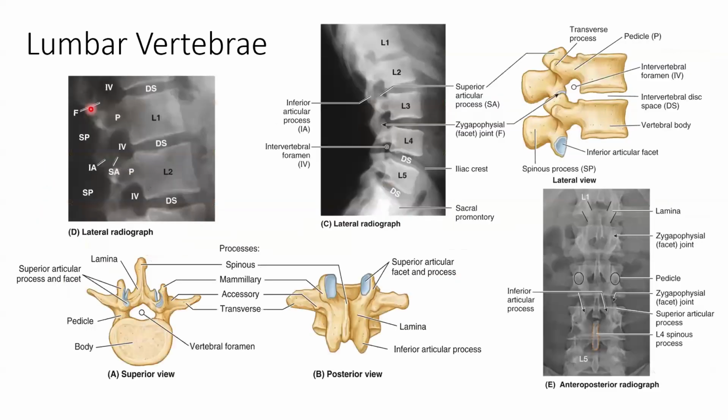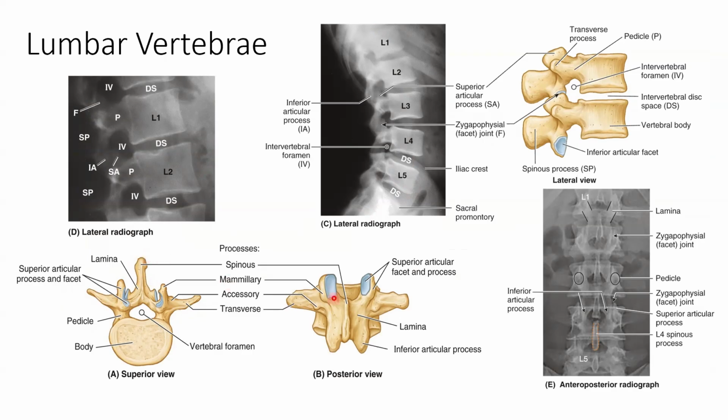All right, and then the lumbar spine. Lumbar spine, we mentioned very large vertebral bodies. You can see that in these radiographs. Largest typically is L5 as we have more weight bearing as you go down the vertebral column. You get very long transverse processes, but a shorter spinous process.